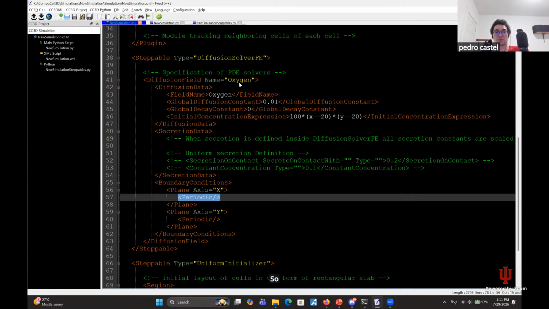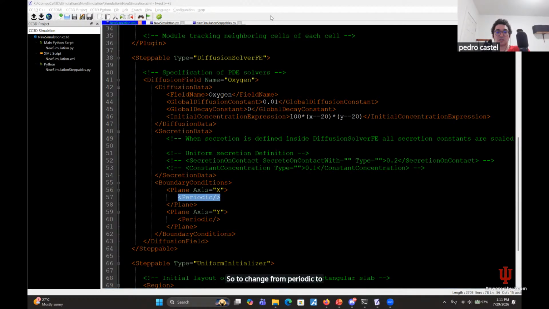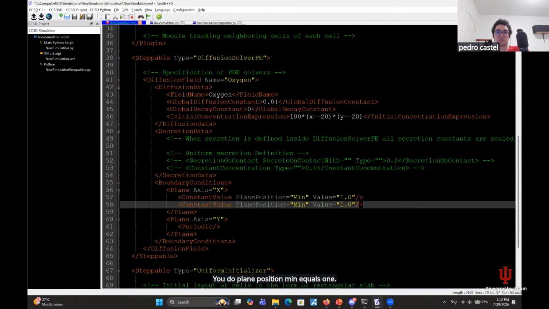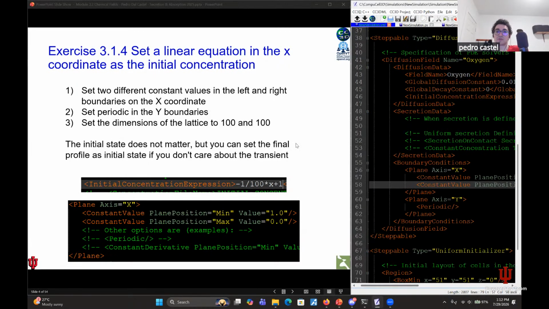So to change from periodic to constant value on the x-axis, you do plane position min equals 1 and plane position max equals 0, like this. And then in the y-axis, you can keep it periodic.